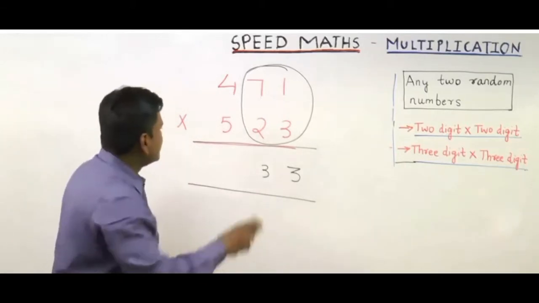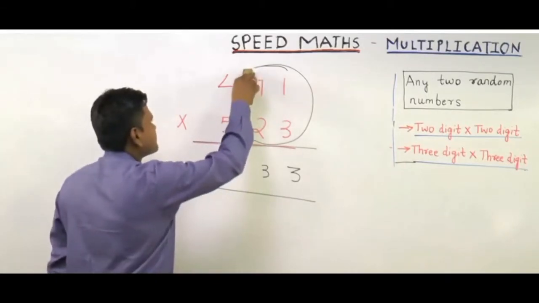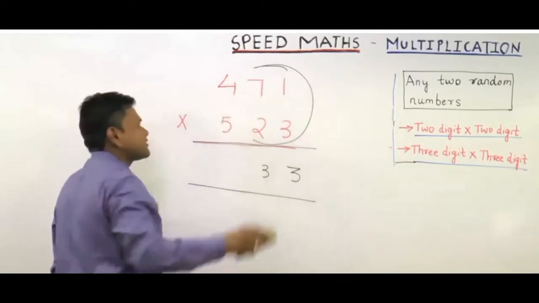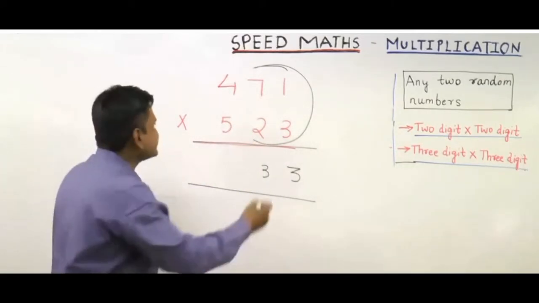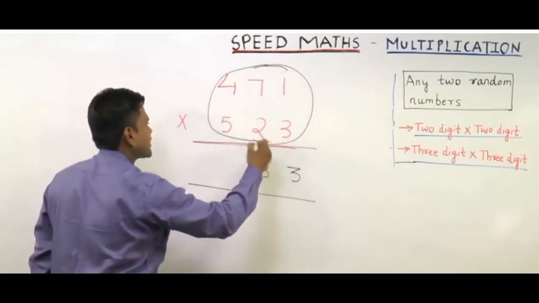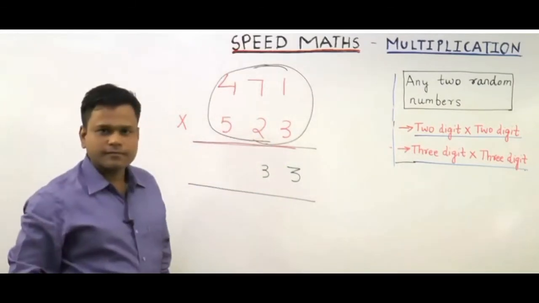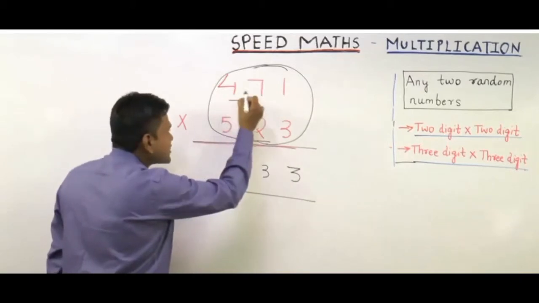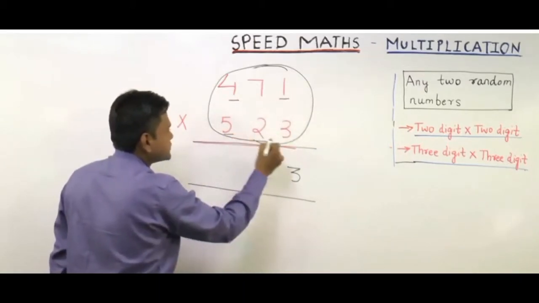After this, we move on to the third step. And in the third step, we increase the stake here. We take up the complete number with the carry forward being 2. Start with the corner numbers.